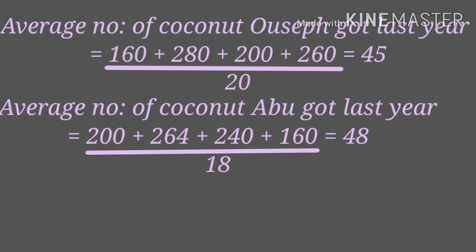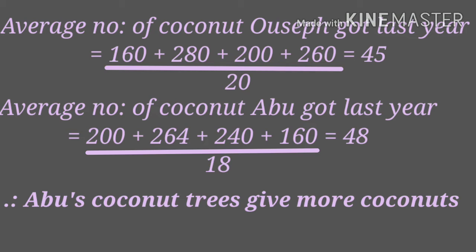Average number of coconuts Abu got last year is equal to 200 plus 264 plus 240 plus 160 by 18. Here 18 is the number of coconut trees that Abu had. Then that is equal to 48. Therefore, by comparing this, we can say that Abu's coconut trees gave more coconuts.